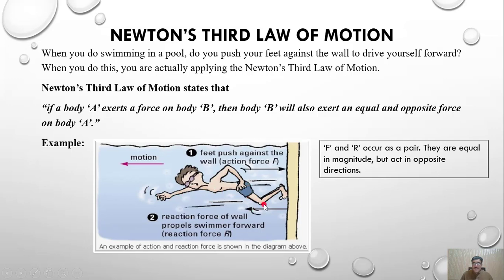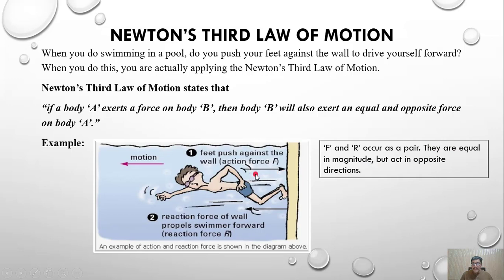So here you can see that action force, that is F, and reaction force, that is represented by R, occur as a pair. They do not occur singly, they occur together. So we say that it is a pair. They are equal in magnitude.